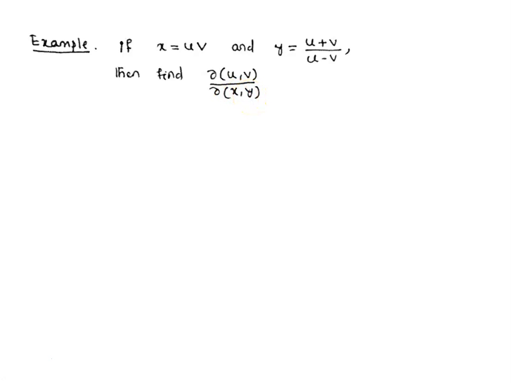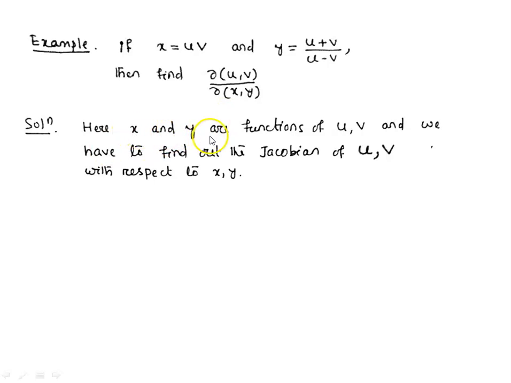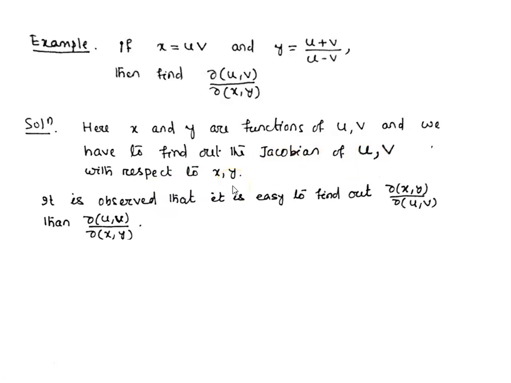Here we will use the first property of Jacobian, because it is given that x and y are functions of u and v, and we have to find the Jacobian of u, v with respect to x, y. It is easy to find the Jacobian of x, y with respect to u, v, because x in terms of u, v and y in terms of u, v are given. So it is easy to find this Jacobian. But we have to find the Jacobian of u, v with respect to x, y.